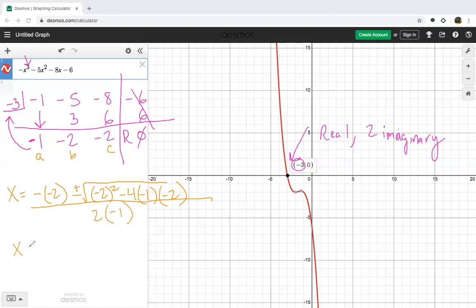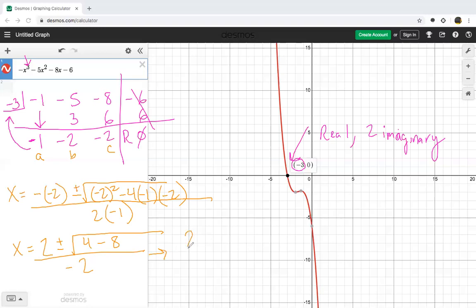So simplifying, we have x equals, the opposite of negative 2 is positive 2, plus or minus a big old square root. So let's see what we have here. Negative 2 squared is 4, and then we have negative 4 times negative 1 times negative 2, which is negative 8. So we have 4 minus 8 over 2 times negative 1 is negative 2.